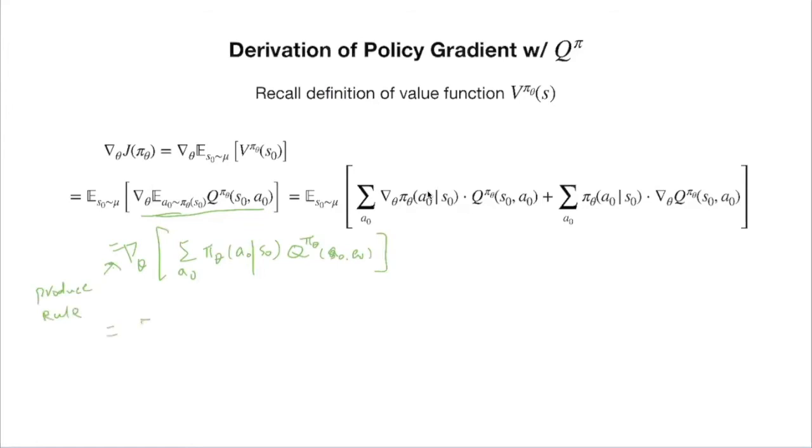This is summation over A of applying gradient on the first term while I leave the second term unchanged, right? Plus summation over A, where we leave the first term unchanged and apply the gradient on the second term.